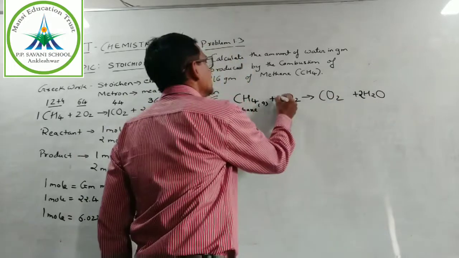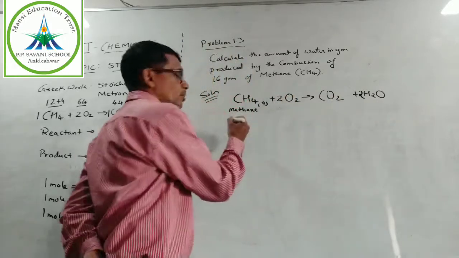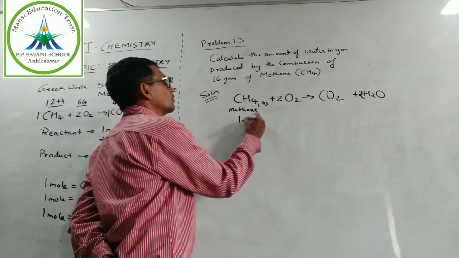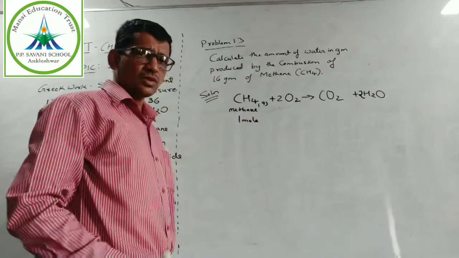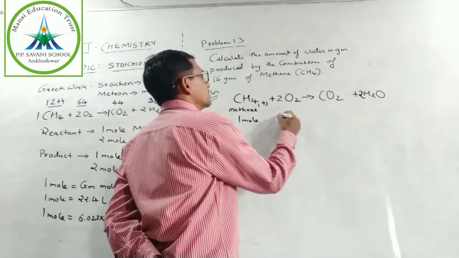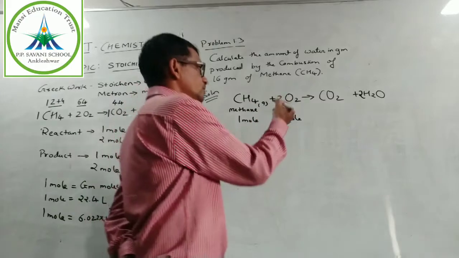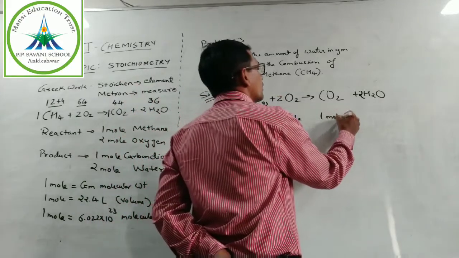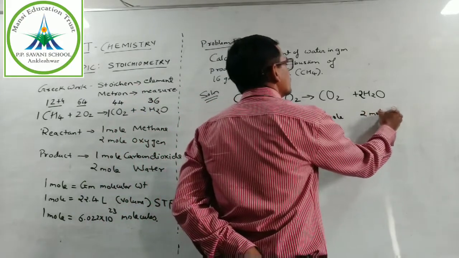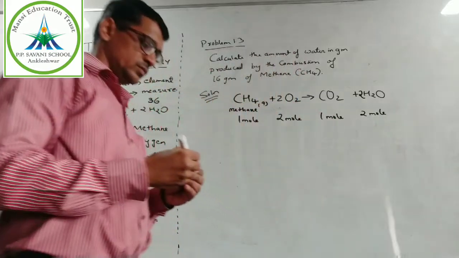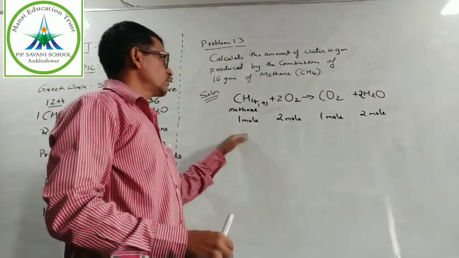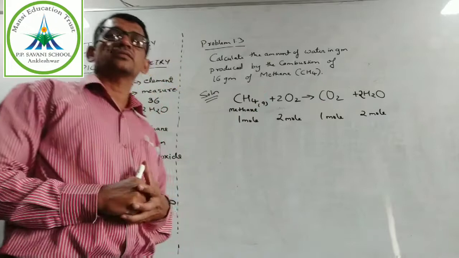So here we will write 2. So stoichiometry is 1 mole of methane reacts with 2 mole of oxygen to give 1 mole of carbon dioxide and 2 mole of water. So this information we are getting when we balance the reaction.